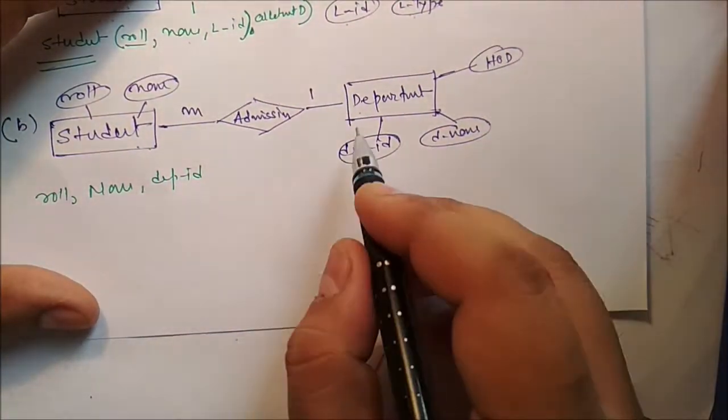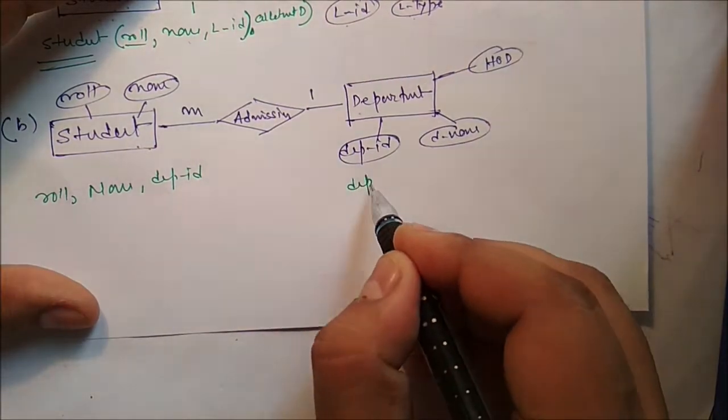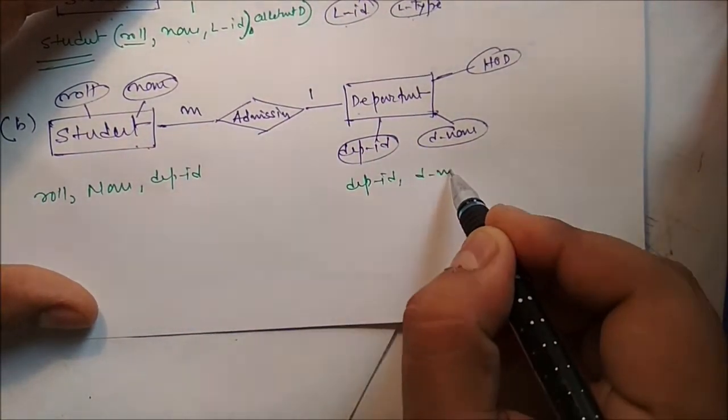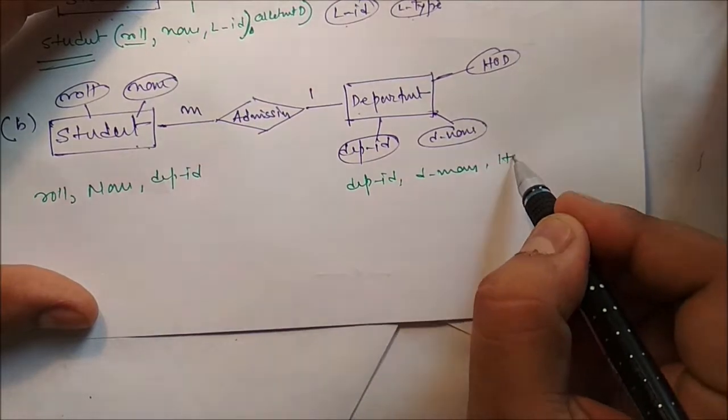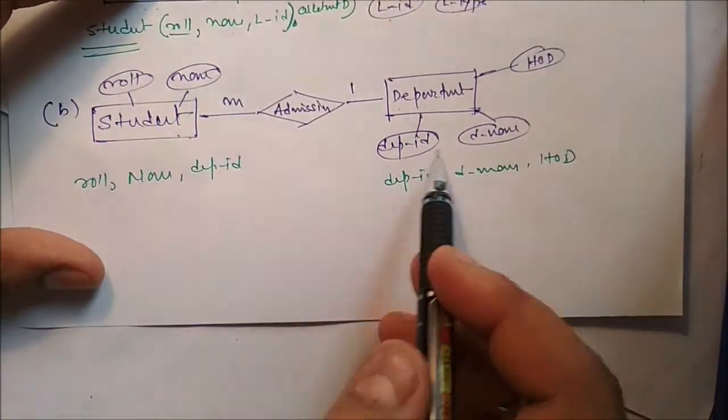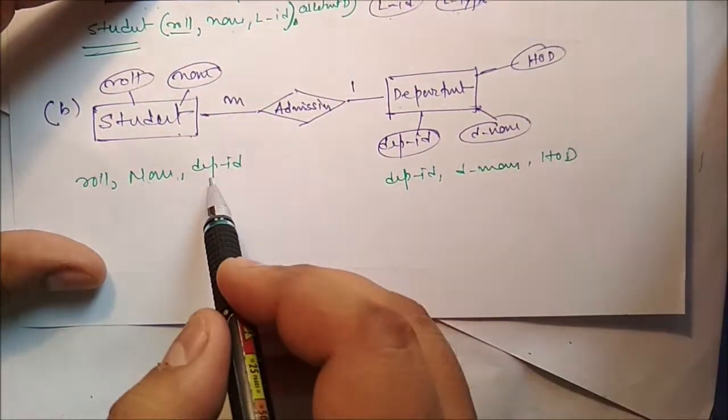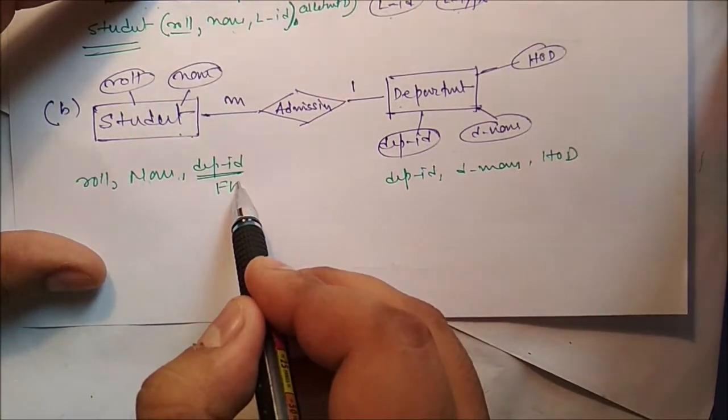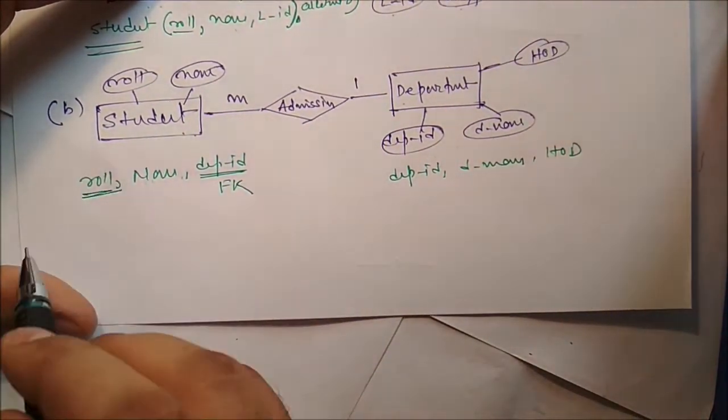The department table has department ID, department name, and name of the HOD. How to establish the relationship between these two tables? Using department ID, which is the foreign key. Roll number is the primary key.